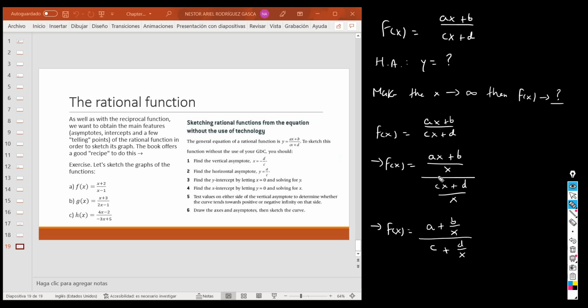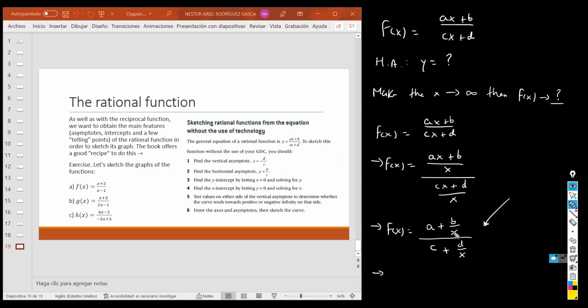And at this moment, guys, when I have the function looking like this, that's when I make the x approach infinity, right? So let's do it. Let's make the x approach infinity. And this fraction, let me put that in yellow.